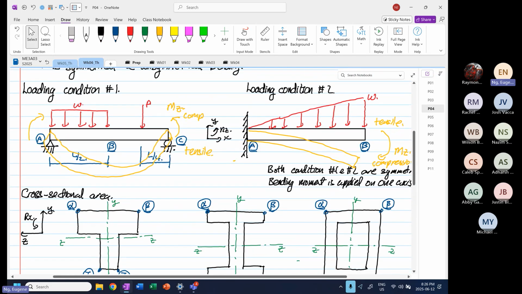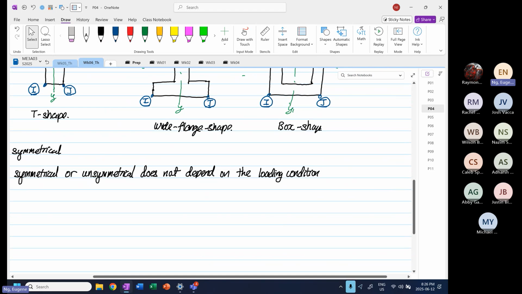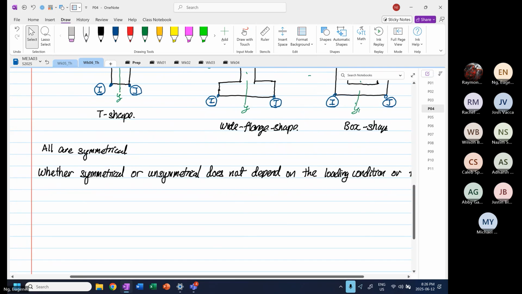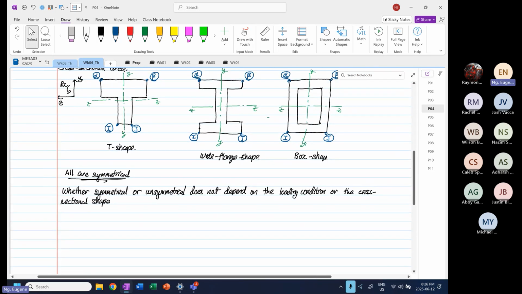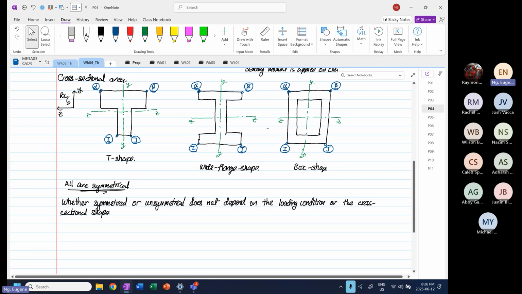Down here you have evenly distributed load, point load, gradient distributed load. No, it does not depend on the loading condition or the cross-sectional shape. Because what I mentioned is all of them are symmetrical.